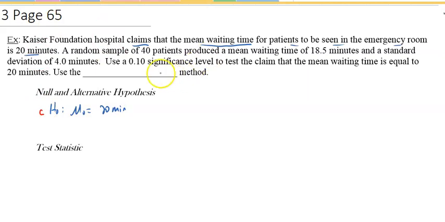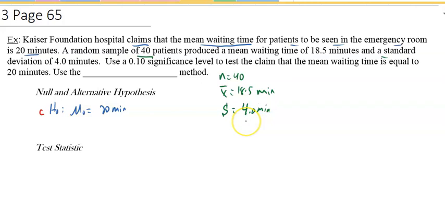A random sample of 40 patients produced a mean of 18.5 minutes. The claim is 20 minutes. We took a sample of 40 and got 18.5 minutes, so it's less than, but let's see what they want. The sample of 40 produced a standard deviation of 4 minutes.